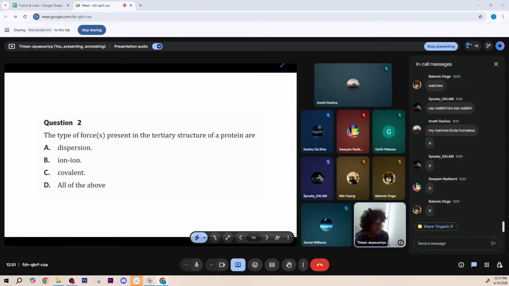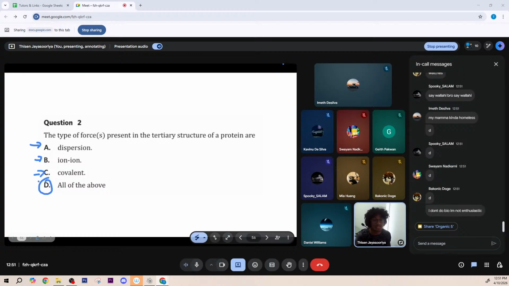Yeah, so the answer is D here. So here we have the dispersion forces. We can obviously produce them. The ionic interactions are between those charged parts of the molecule, and we have those covalent bonds, which are the disulfide bridges. We'll talk about the B a little bit more.